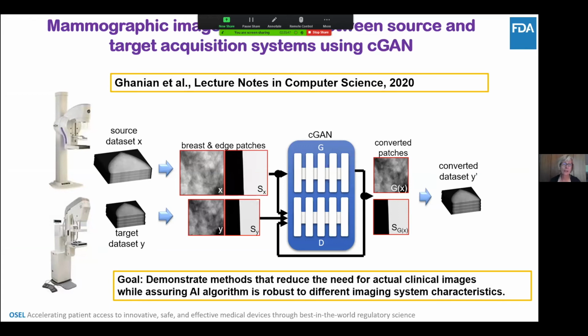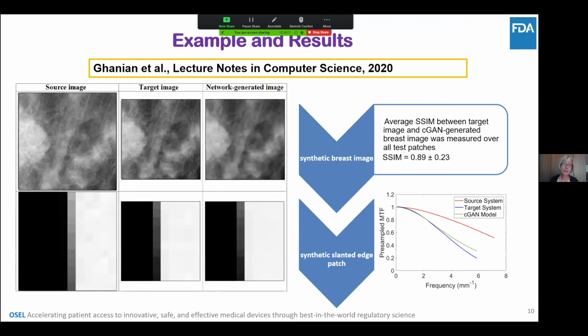And so the goal here, and the effort that was undertaken by Zaraganian and published in 2020, was to look at a system that existed that you had access to, and a target system and a target data set, and use a CGAN to convert images from system 1 to system 2 and develop an AI algorithm that would be robust to the different imaging system characteristics. And what she found, here are some example images, the source image from the system that you have, a target image collected from the actual target system that you'd like to replicate, and the CGAN generated image.